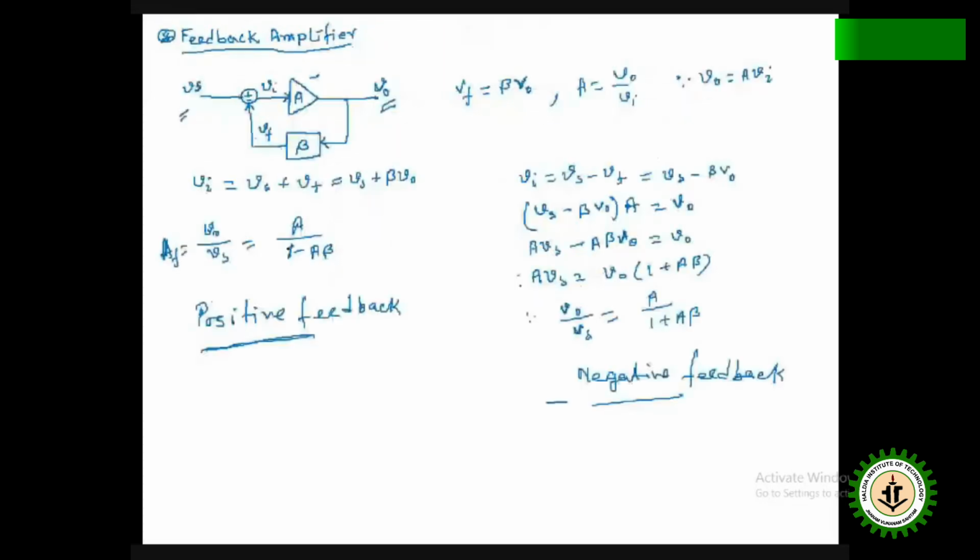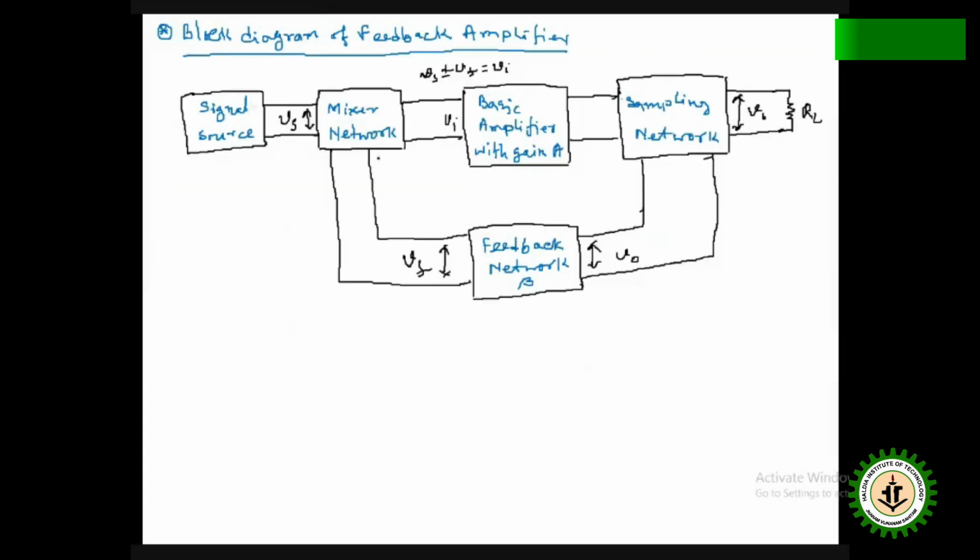So you see the previous one, this plus minus, this one is nothing but a mixer, and this point is sampling. That means if it is voltage or current, it can divide into two branches, and here mixing. Due to that, this network is called the mixer network, and here the sampling network, which samples the output in terms of current or voltage.